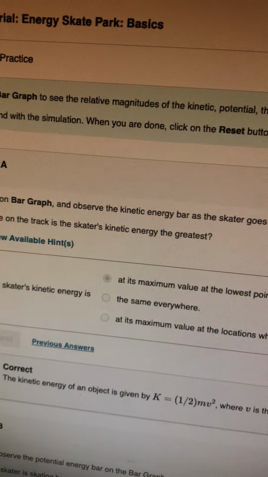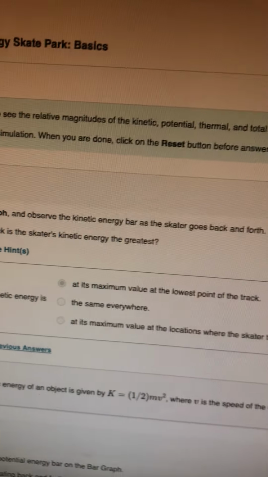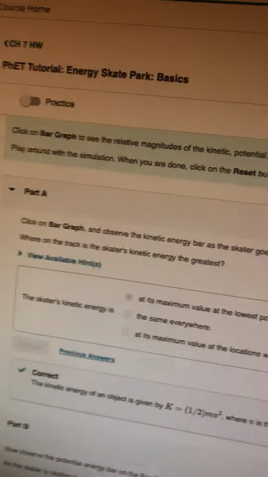Kinetic energy is maximum at the bottom, and potential energy is basically not exactly 0 because there's 1 meter above the ground at the bottom of the track. So let's look at the questions. For part A, what are we given? Where on the track is the skater's kinetic energy greatest? Well, we just said it's at the bottom of the track.